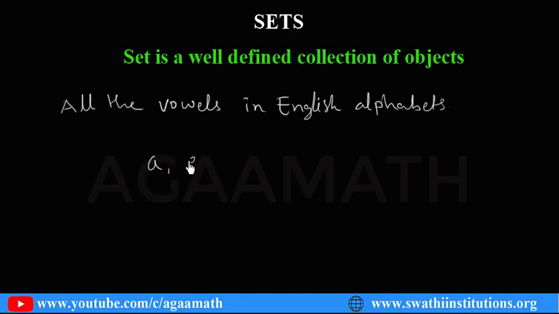We know A, E, I, O, U. If anybody asks me to write all the vowels in the English alphabet, I write this, and you would also write the same. Every person will write the same. So it remains the same, no change. This collection of vowels of the English alphabet can be said to be a set. Let us see one more example.